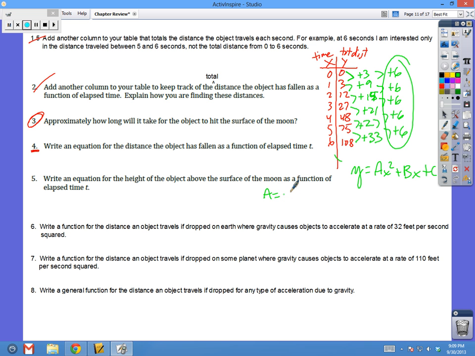A is going to be the constant rate of change divided by 2. A is 3. I'm going to find c. C is the y-value at 0, so c is 0. And now to find b, I just choose x and y. I'm going to choose 1 and 3, so x is 1, y is 3, and now I'm going to substitute everything into this grandfather equation.